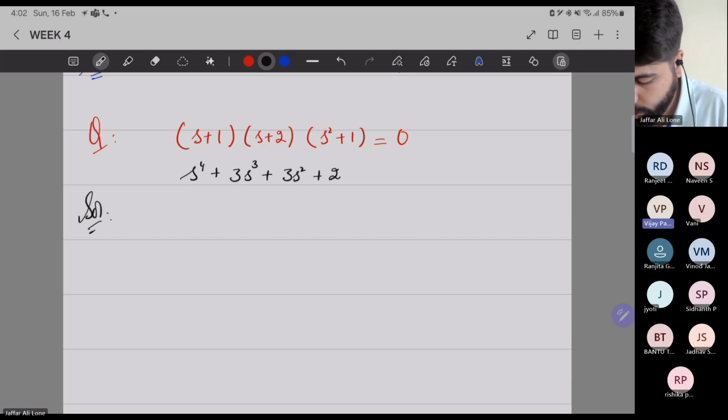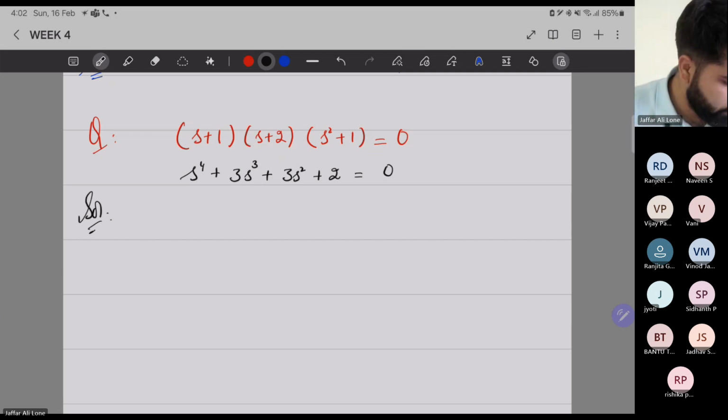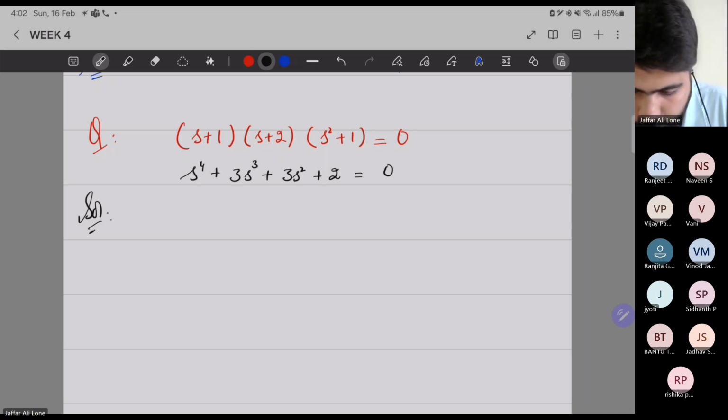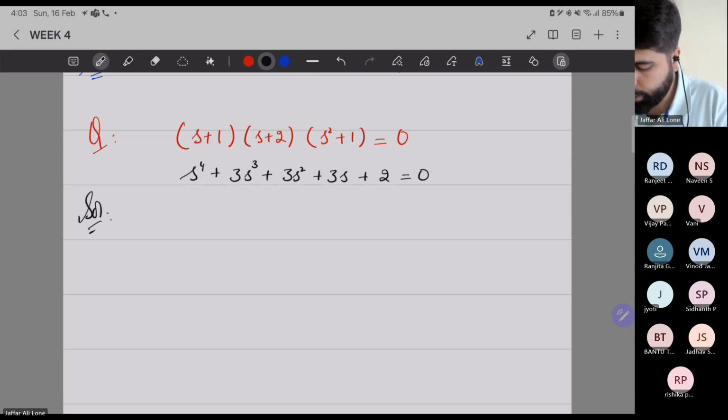No. Let me check, sir. So S4 plus 3S cube plus 3S square plus 3S plus 2 equals 0.